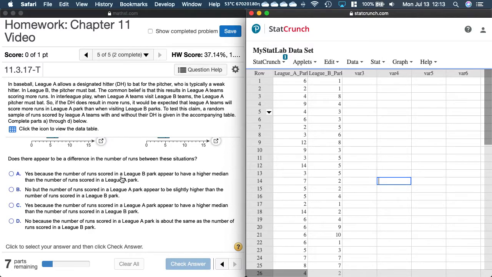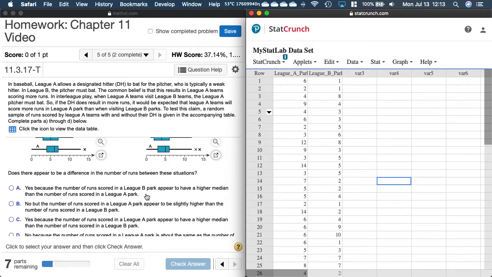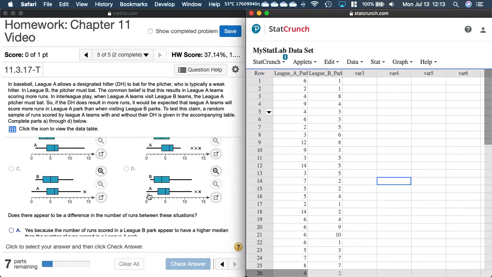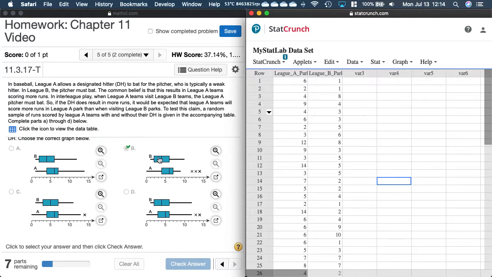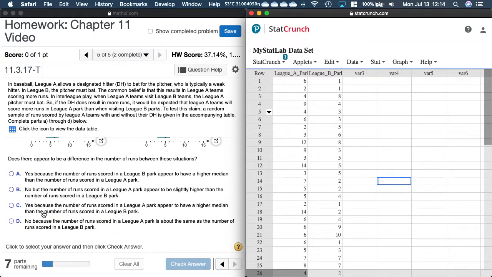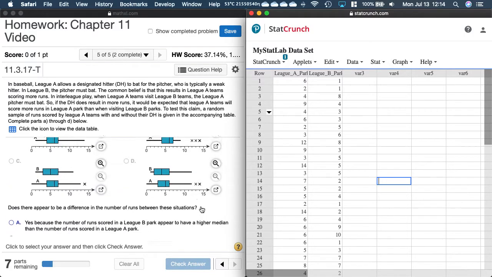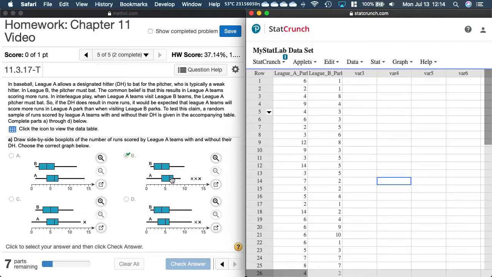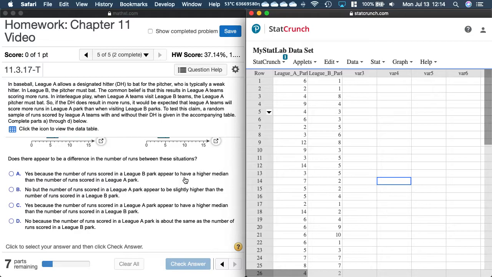So yes, because the number of runs in League B appear to be higher. Well, if League B is to be higher, that would be up there, so that's not going to work. Yes, because League A appears to have a higher median. So A is down here, and it does appear to have a higher median. We probably could think this.